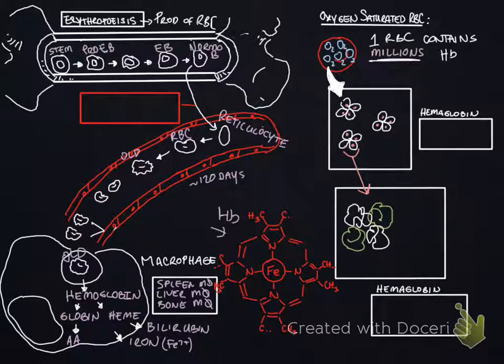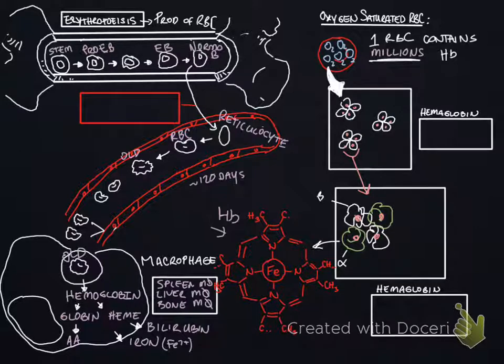And each one has the red heme pigment in the middle. Okay, so that's a beta, that's an alpha globin chain. All right, so hemoglobin contains 4 globin chains, and we know which ones those are.